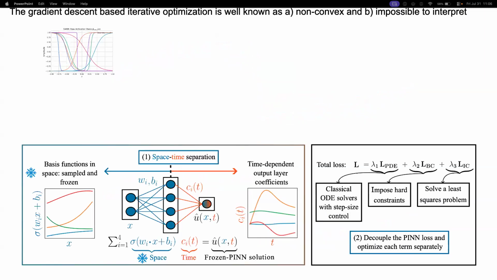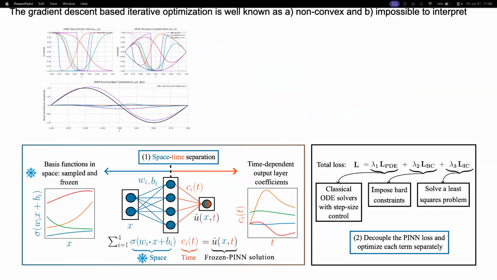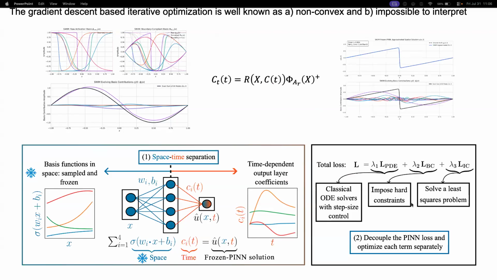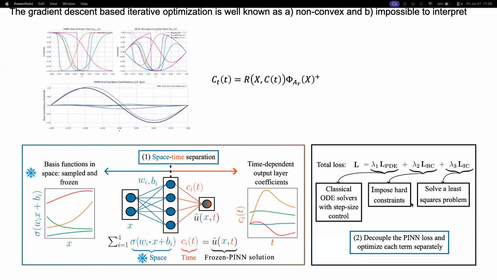So as a summary, we sampled the basis function, solved the boundary condition, approximated the initial condition of the function, and solved the coefficient as time evolves.